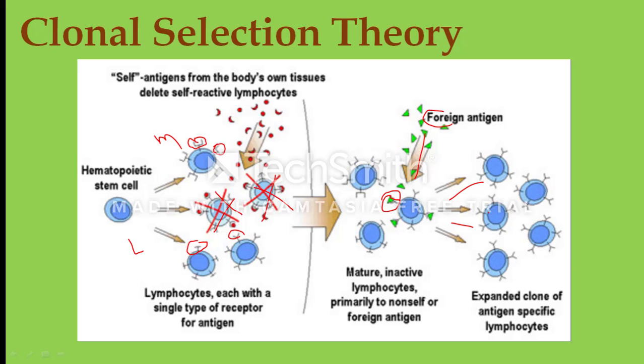This is called clonal expansion. All the cells will be similar to the same lymphocyte which has the specific receptor for the pathogen or the antigenic molecule, and they will be repeatedly divided and form a population of cells.